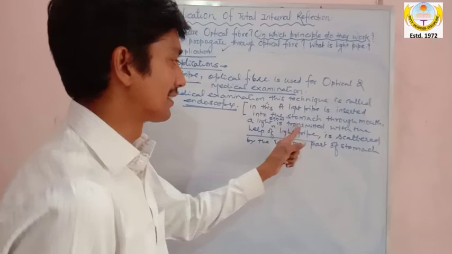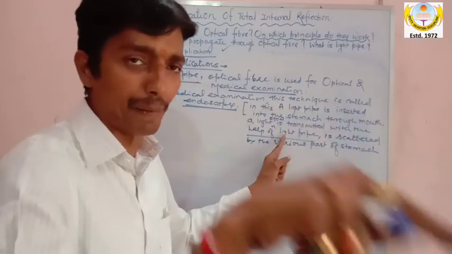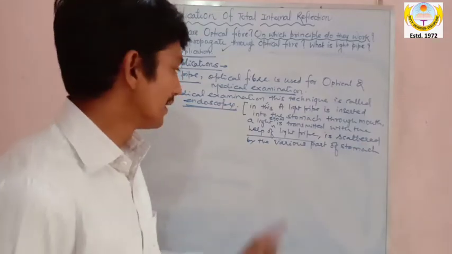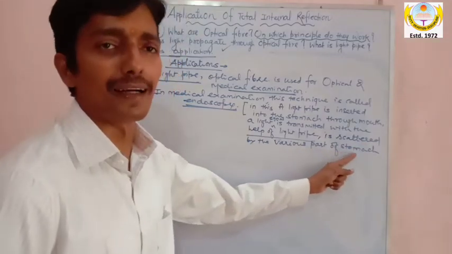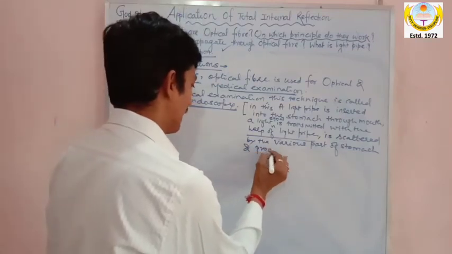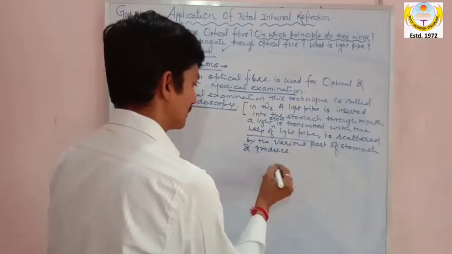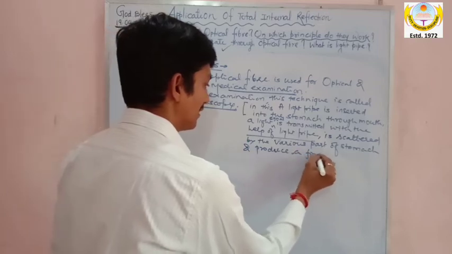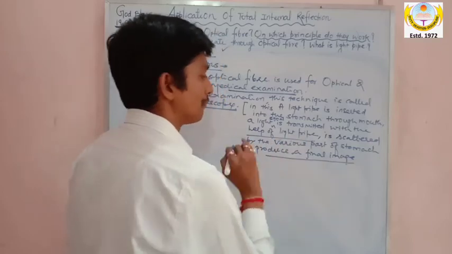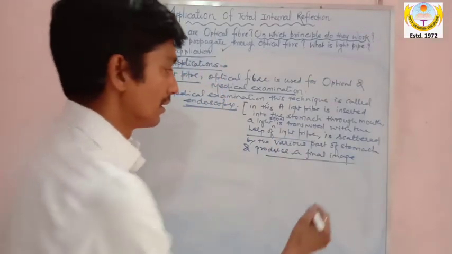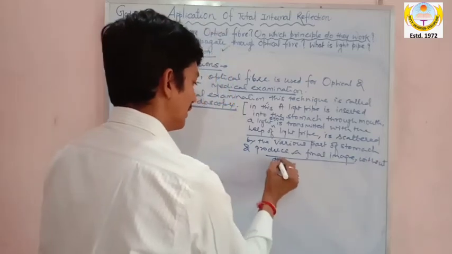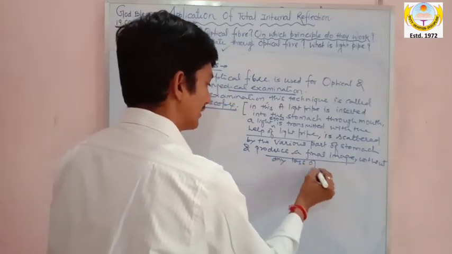So a light signal is transmitted with the help of the light pipe first, which is scattered by the various parts of the stomach and produces a final image without any loss of intensity.